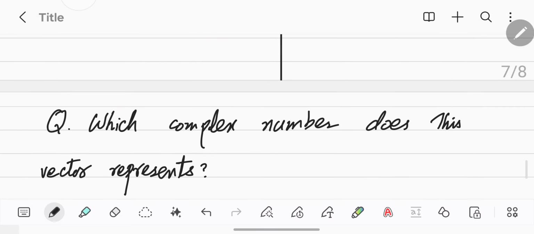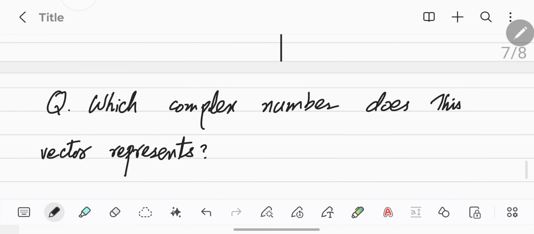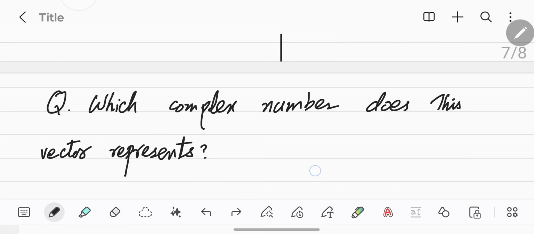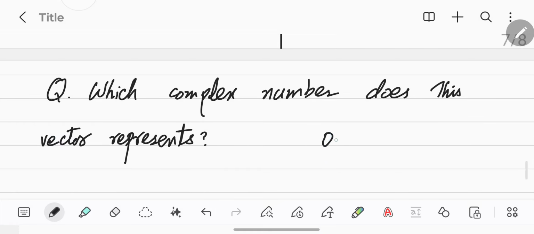So we have another question. Which complex number does this vector represent? Meaning the new vector which we have found, which is OA plus OB. This is the new vector. So it corresponds to which complex number? I mean a plus b iota.